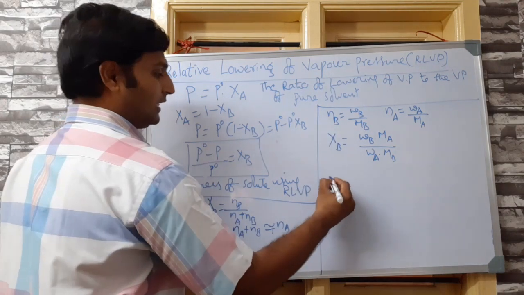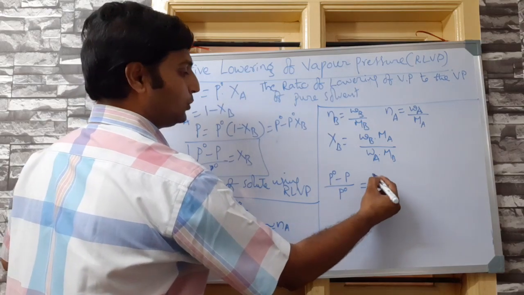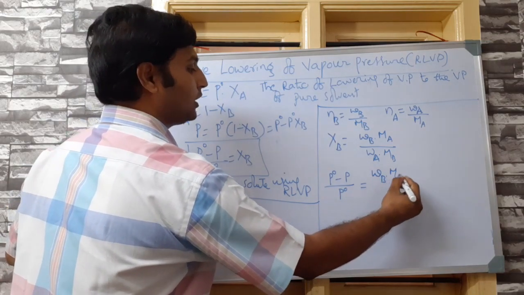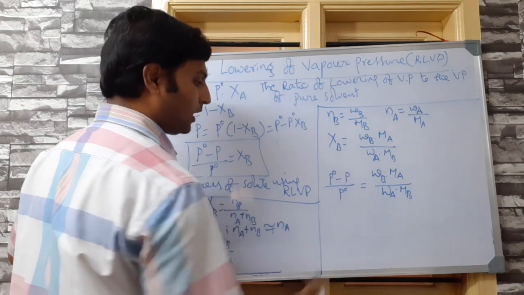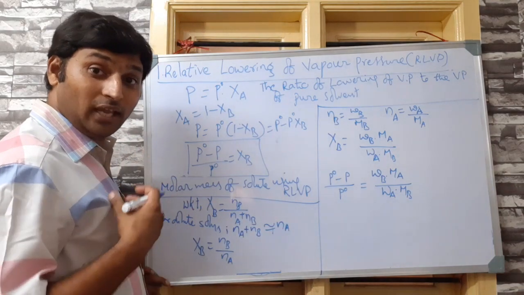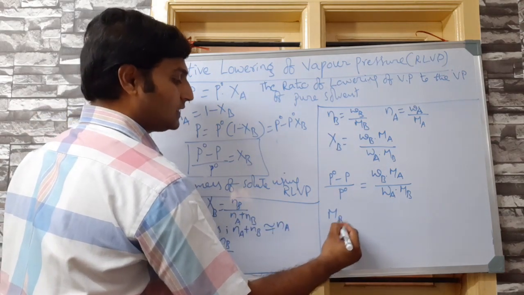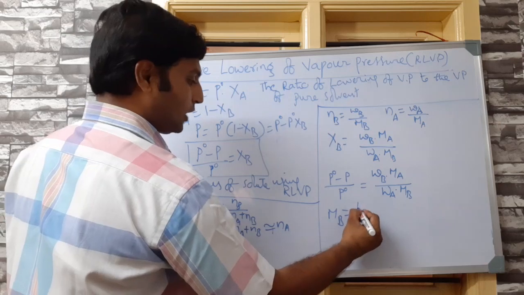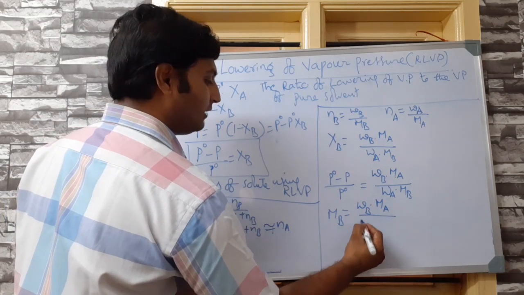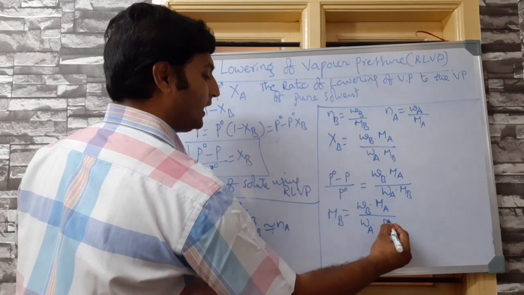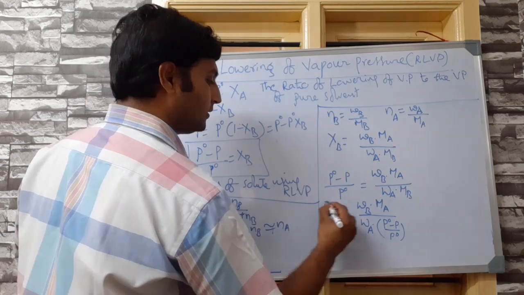I can substitute that here. So (P0 minus P) by P0 is equal to weight of solute into molar mass of solvent divided by weight of solvent into molar mass of solute. Now what did we need? Molar mass of solute. So bring it onto the LHS. Molar mass of solute is equal to weight of solute into molar mass of solvent divided by weight of solvent into relative lowering of vapor pressure.